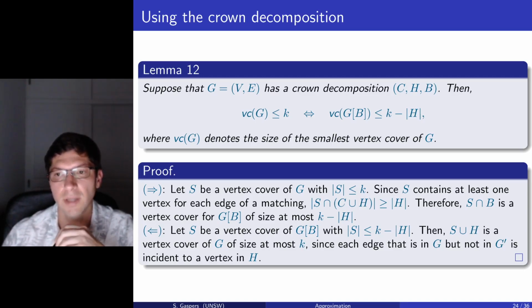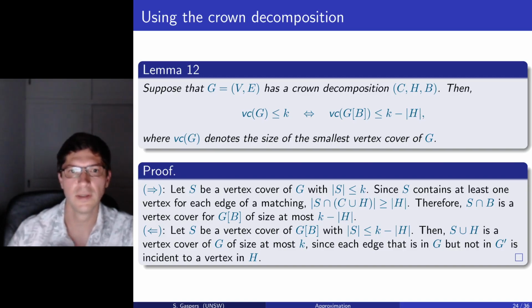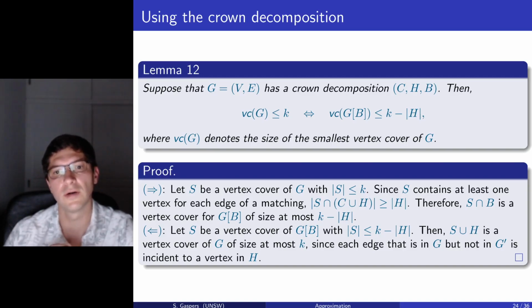And therefore now S intersect B, so the vertices in the body that are also in the vertex cover, form a vertex cover of the graph G induced on the vertices of the body of size at most k minus the cardinality of H.